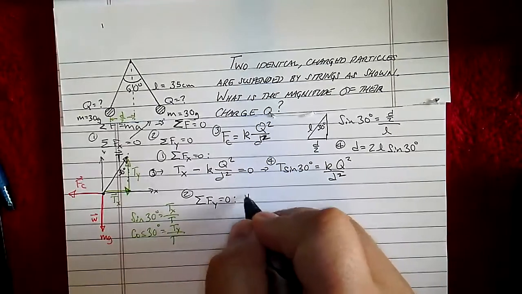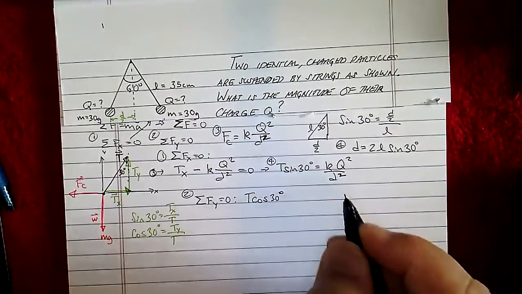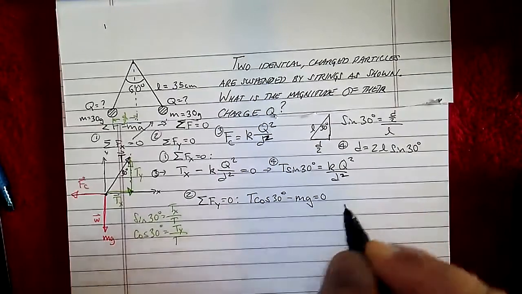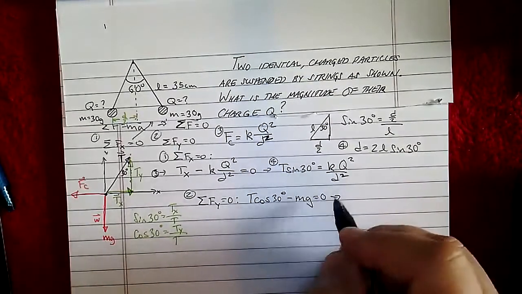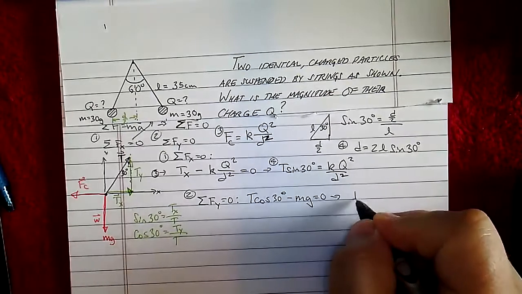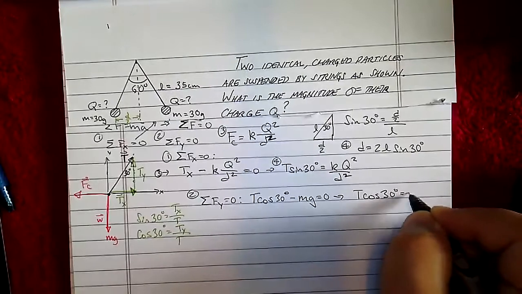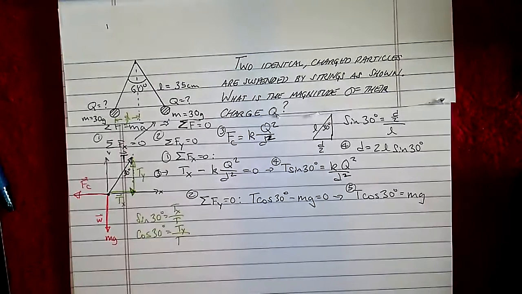So I'll say T cosine 30 degrees minus mg is equal to 0. And I'll reconfigure it like I did before, pulling this mg over there. I'll get T cosine 30 degrees is equal to mg, and I'll call that equation 5.